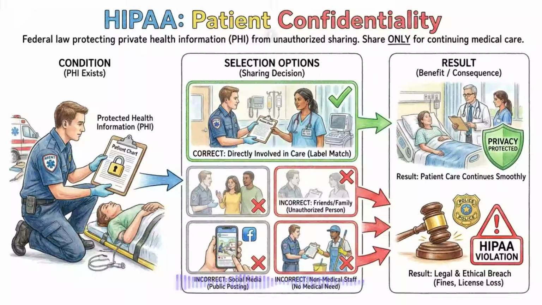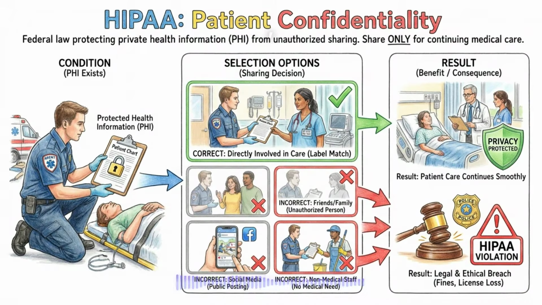Patient confidentiality is strictly protected by a federal law known as HIPAA, which stands for the Health Insurance Portability and Accountability Act. This law means you cannot share any protected health information with anyone who is not directly involved in the continuing medical care of the patient.